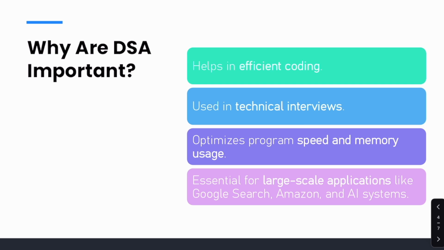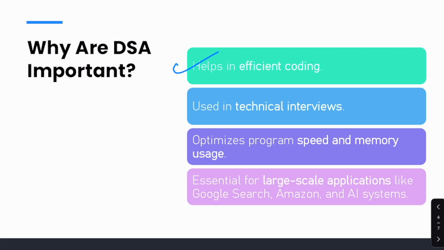Why is DSA important? We already understand what data structures and algorithms are, so let's discuss why they are important. The first thing is it helps in efficient coding. Let's take one example.